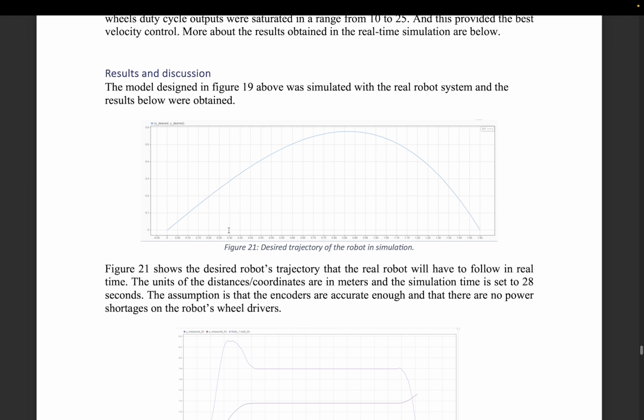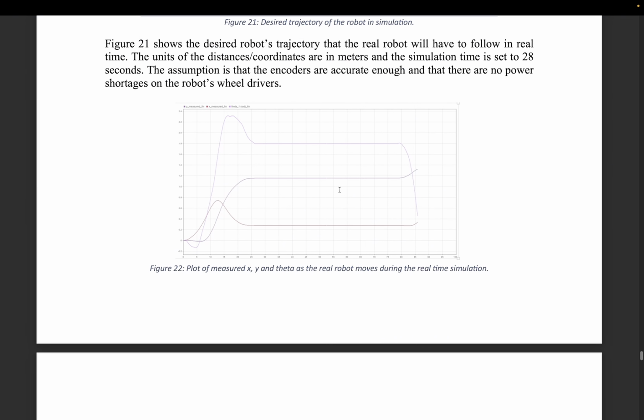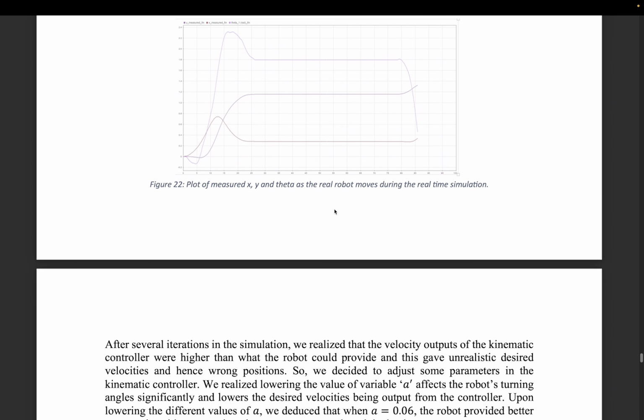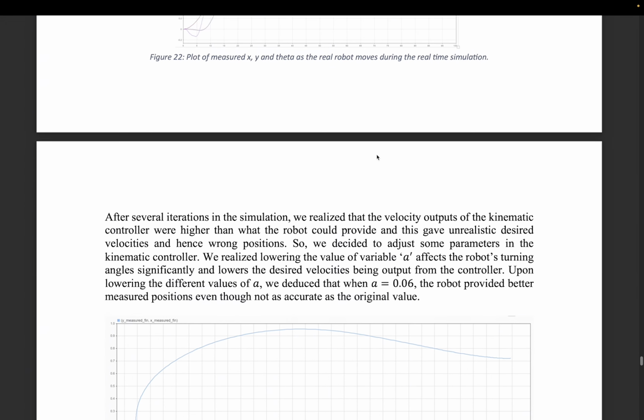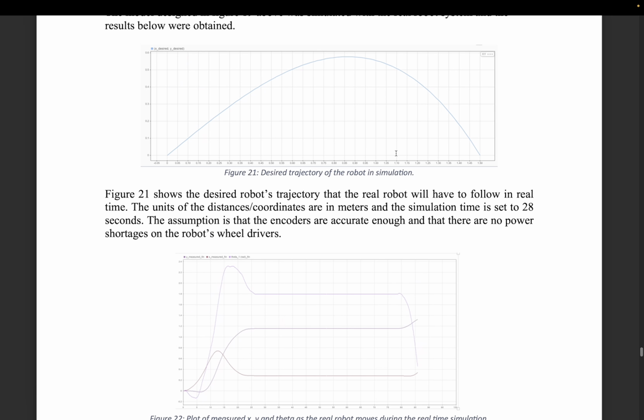Yes. Now with our desired trajectory, so this is the new desired trajectory in the real-time simulation, the x and y plots plus theta from the response of the robot, and this is where the responses of the trajectory. This is the desired one, as you can see.